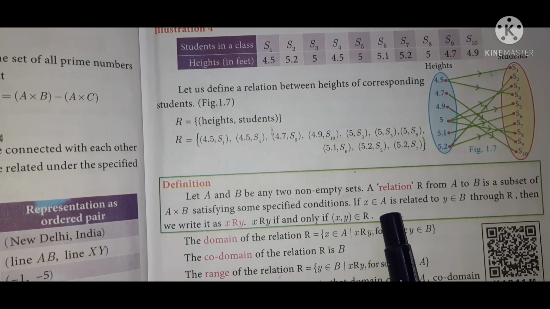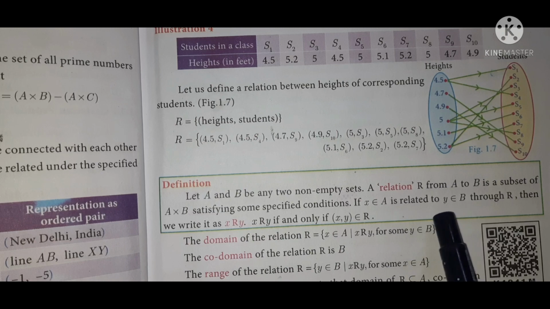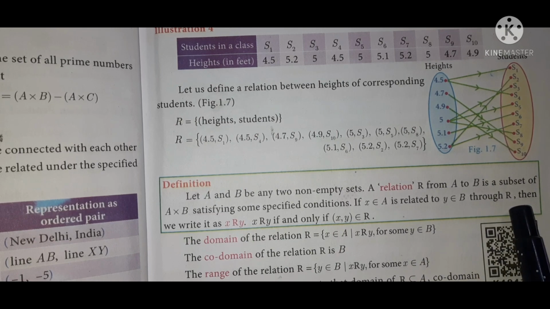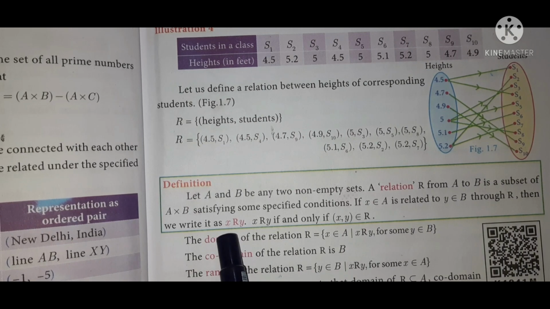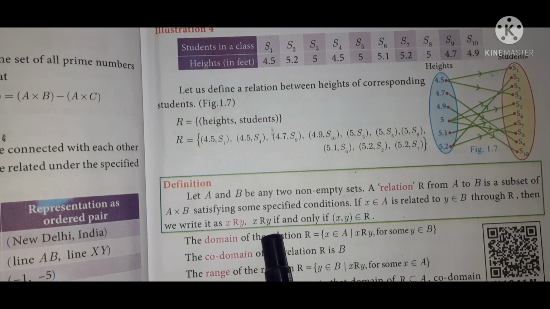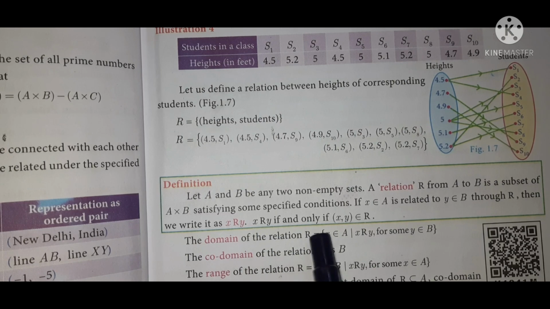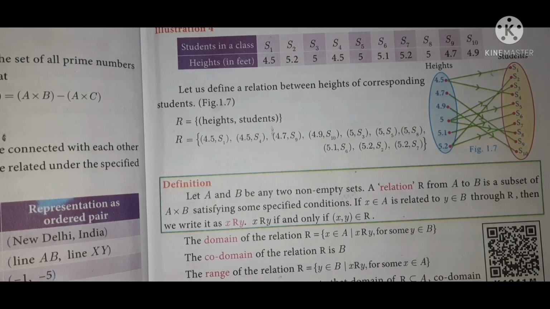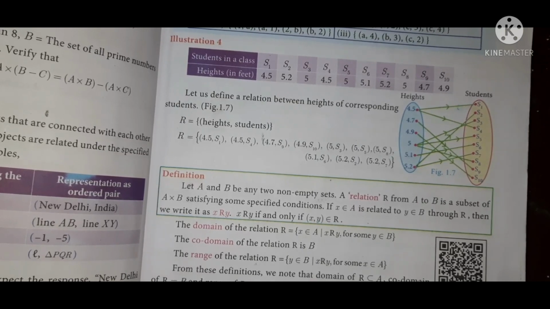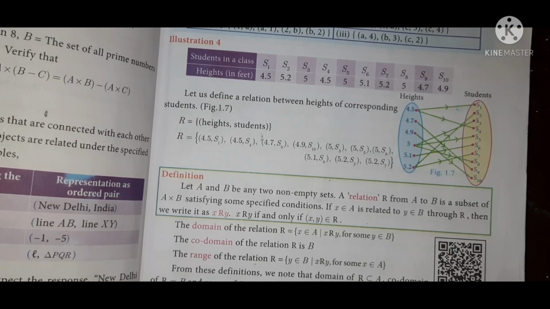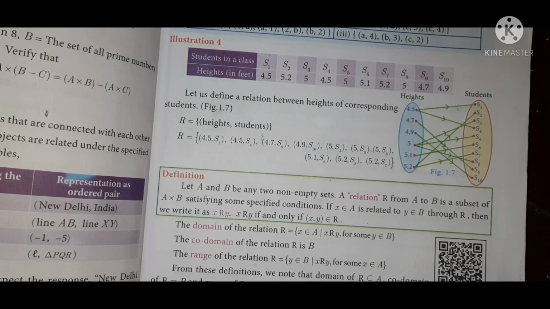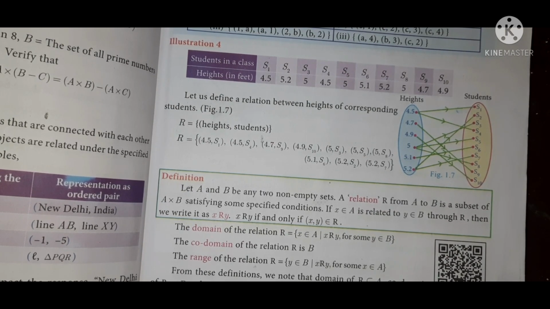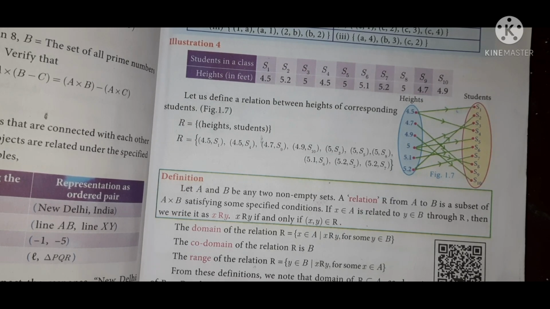If x belongs to A is related to y belongs to B through R, we write x R y if and only if (x, y) belongs to R. That is, a relation is made from A to B as a subset of the Cartesian product A cross B.